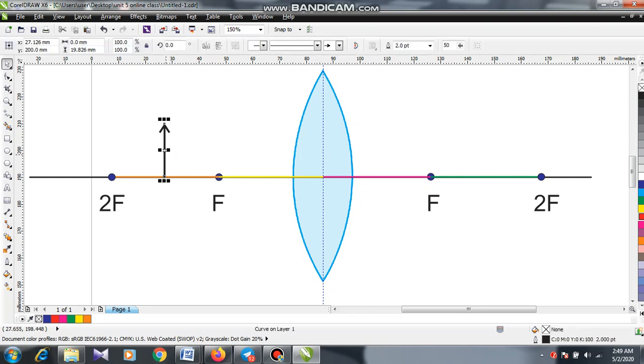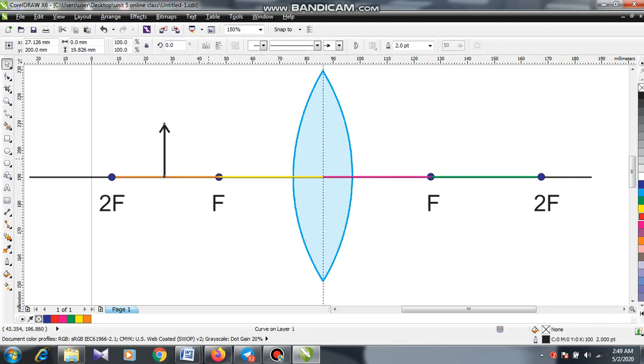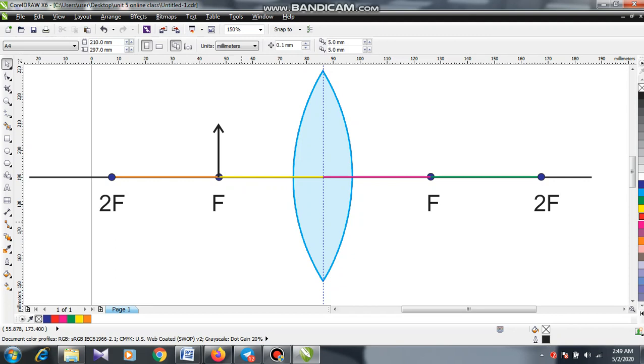If you bring the object here, now the object is on the focal point.